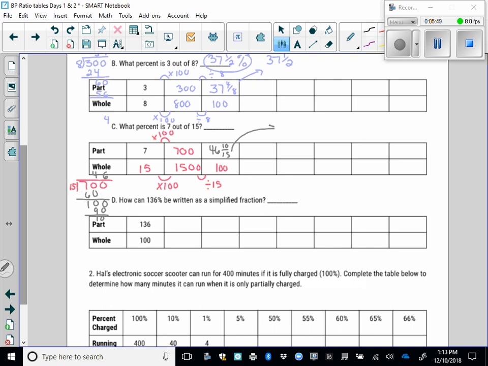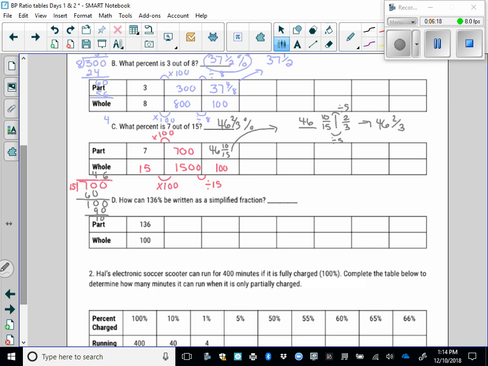But if we think about that, 46 and 10 out of 15, 10 out of 15, if you divide both of those by 5, you get 2 out of 3. So 46 and 2/3 percent.